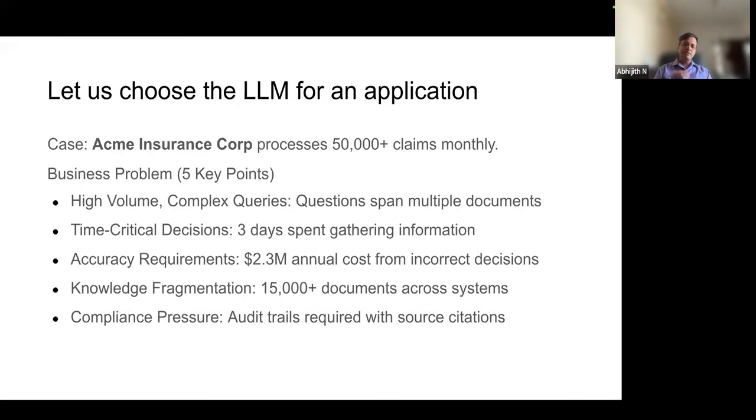Many times it may be a very straightforward query asking, what are my claim limits, and other times it could be a very complex query. Now, decisions are time critical, right? Because people who are claiming insurance are already in distress. So you need to give them a response quickly. You can't take forever. And from a business perspective, your accuracy is important, right?